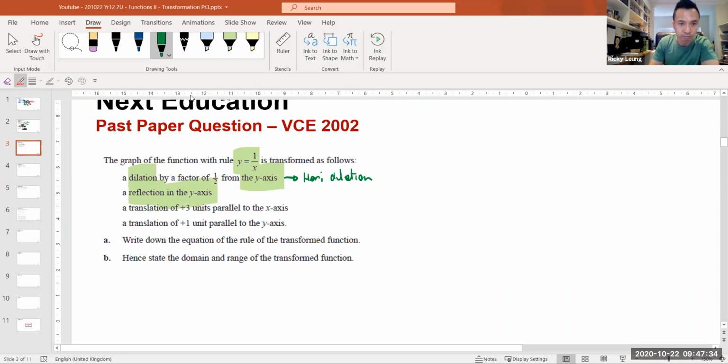Self-explanatory, I'm not going to put notes to that. From the y-axis, so wherever x is, I put a negative in front of it, but for a hyperbola, it doesn't really change anything. Translation, right? 3 units parallel to the x-axis. If I'm moving things parallel to the x-axis, that's a horizontal translation.